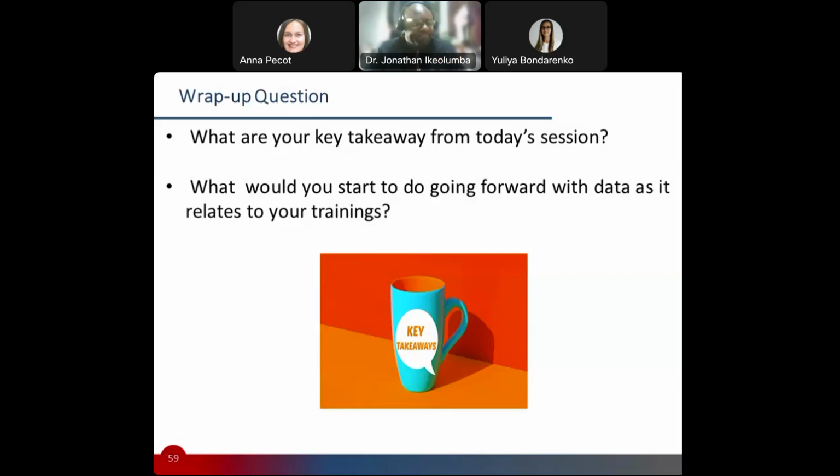Then the third one, working memory differs from long-term memory. So you want to make sure your learner has the information in their long-term memory, meaning you have to break things down and make things as practical as possible.